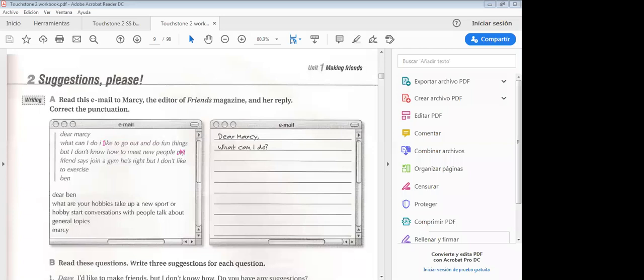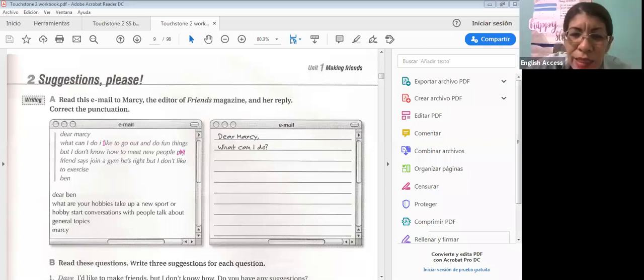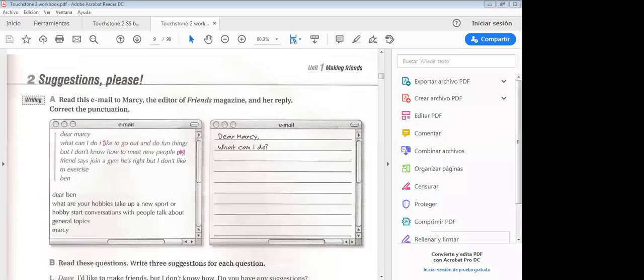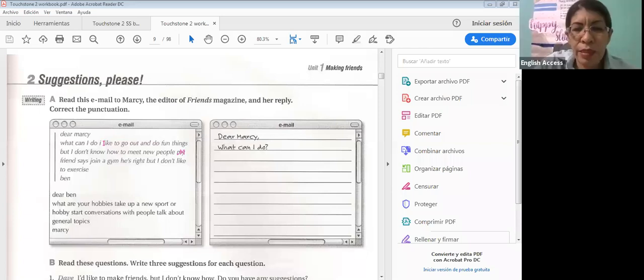I'm going to use the chat instead. I'm going to type the answer in the chat. It says, my friend says, it's like this. Friend says, comma, join a gym, period. He's right, but.